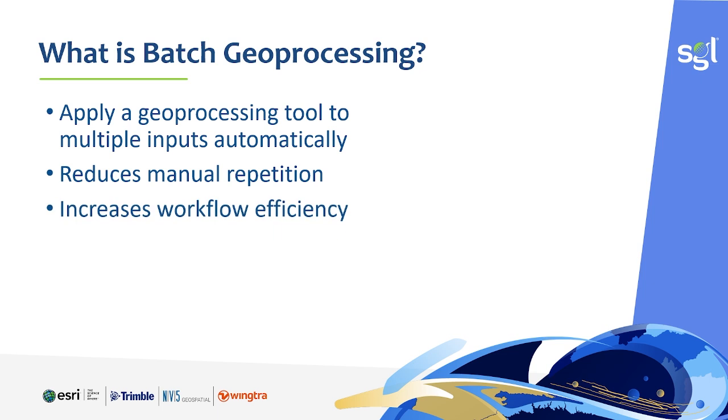So, in itself, it's a way of automating. It's one of those things you think about when it comes to automation. Batch processing, as it suggests, is processing a large number of data sets at a go, instead of manually going through the process of analyzing just one particular data set.